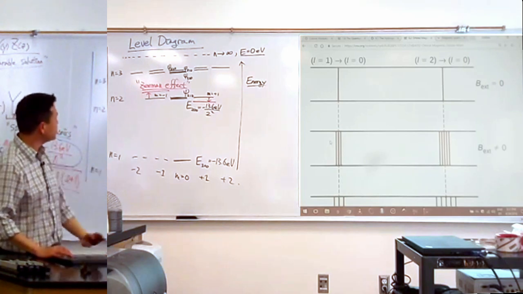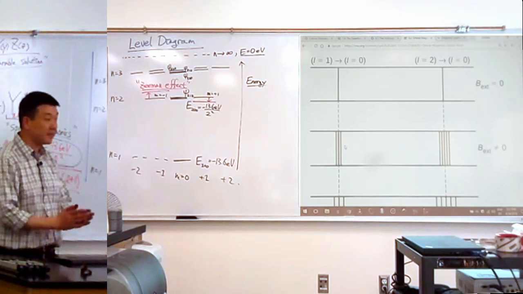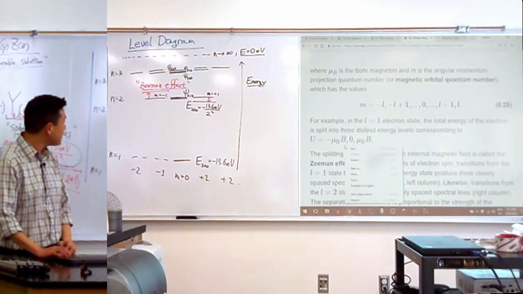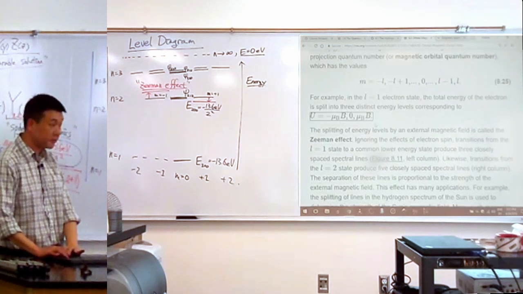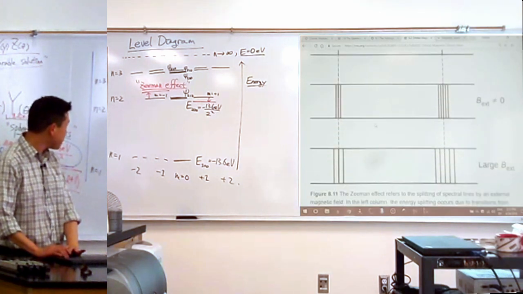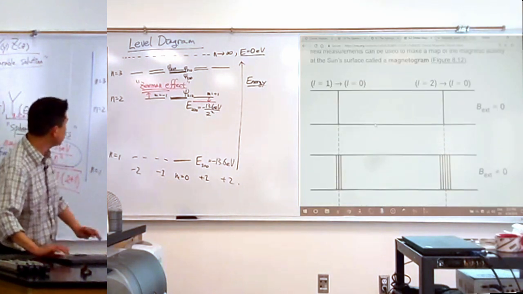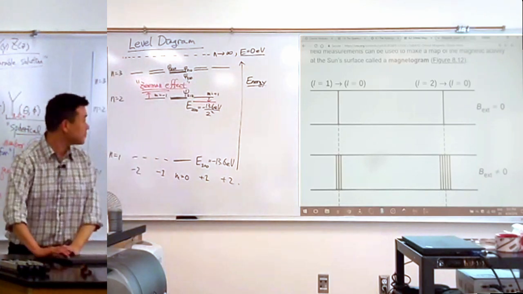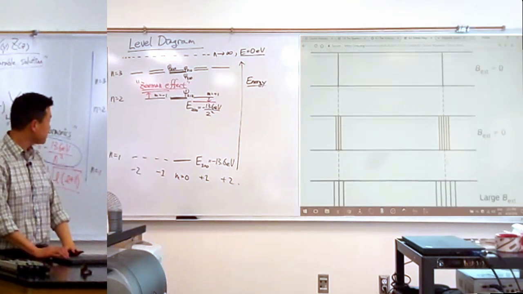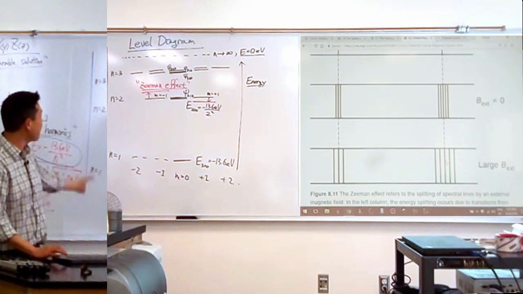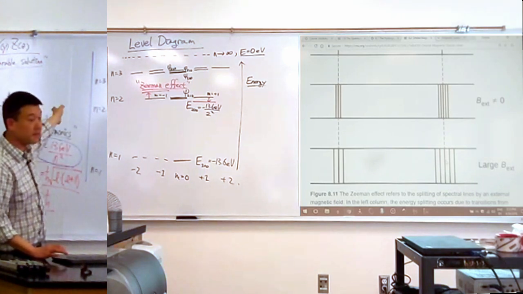And when people do the experiment, they can see that this splitting is linear in the applied magnetic field. If we are dealing with a state that had a degeneracy of 5, as in 5 different states, then you see the line splitting into 5. So that's how you could know experimentally that there are really 5 different states.